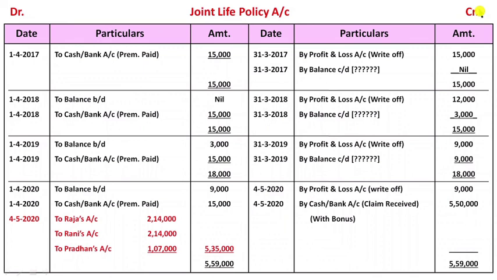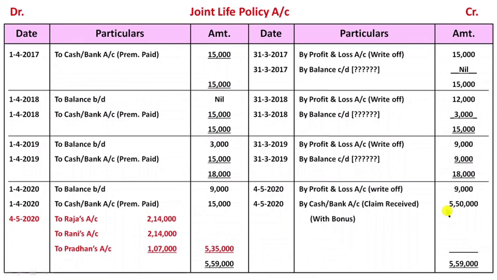Now close the account. Here 9,000 and 5,50,000, so 5,59,000 minus 15,000 minus 9,000, so we are getting balance of 5,35,000. We will distribute this 5,35,000 according to our ratio 2:2:1, so for the three partners we get 2,14,000, 2,14,000, 1,07,000.